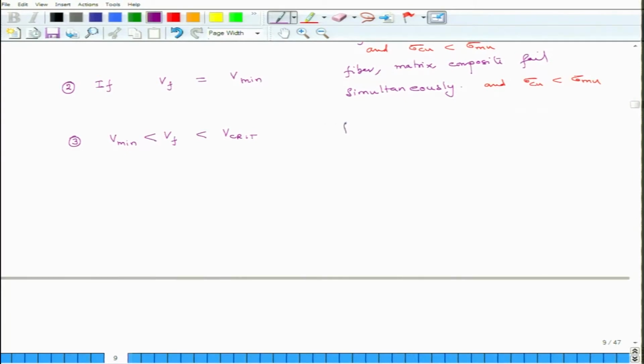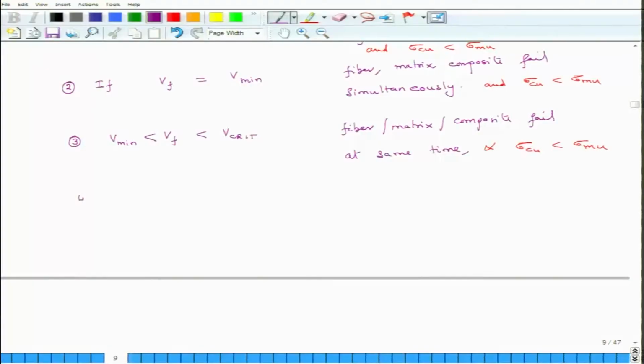Then again fiber, matrix, and composite fail at the same time, and sigma Cu is less than sigma Mu, the strength of the matrix. Even at that stage, the overall composite is weaker than the matrix itself.